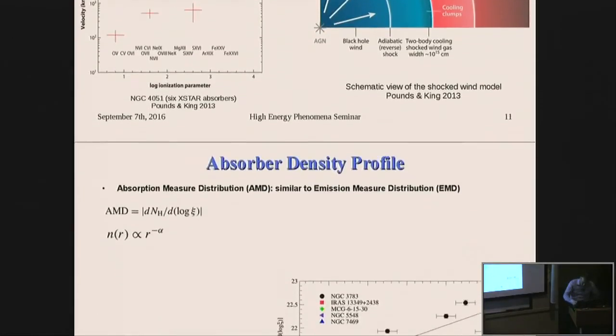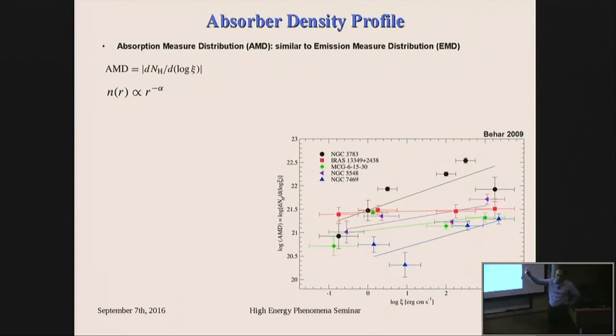You are talking about this density profile. This is the number density, but the column density is per square centimeter, cm^-2. But this number density is cm^-3, and from this AMD we can plot and find the distribution of this number density.